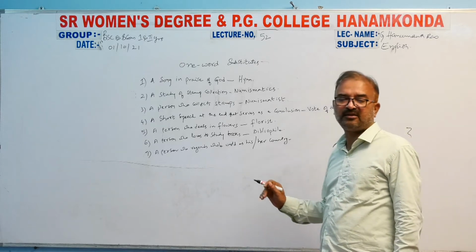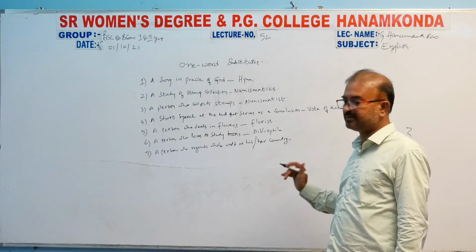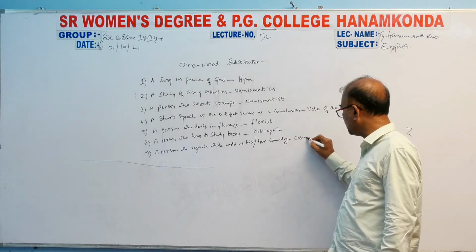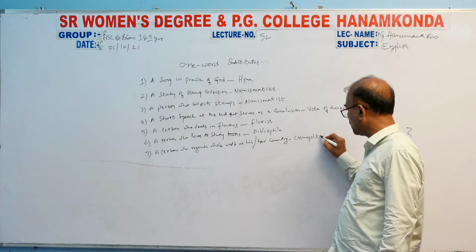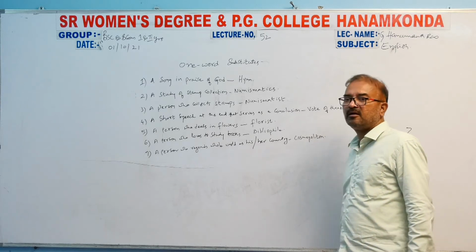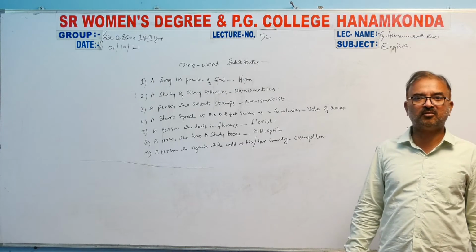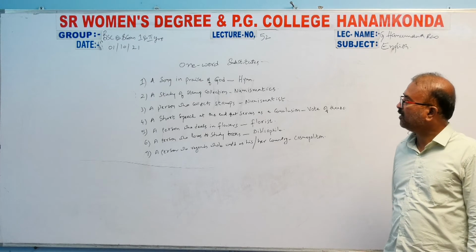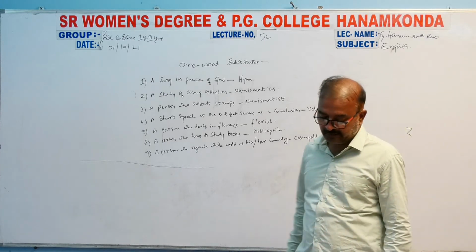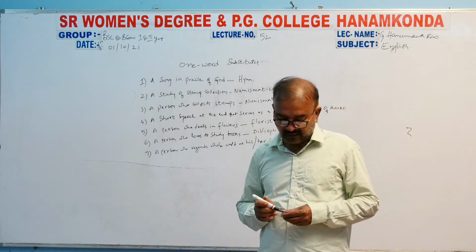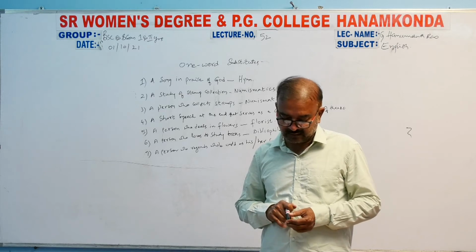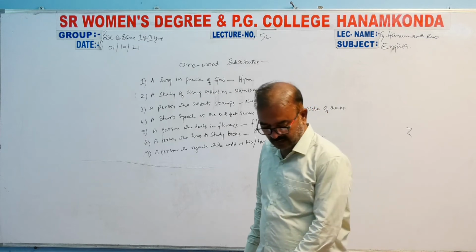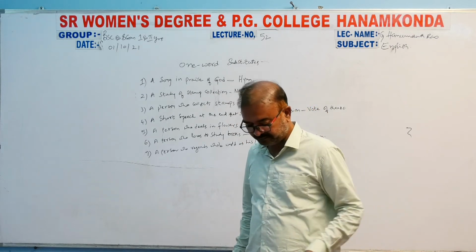I think, to the best of my knowledge, the answer to this one-word substitute is cosmopolitan. A cosmopolitan is called a cosmopolitan. Okay, and I think I already gave you this one. Okay, let's go for another one.